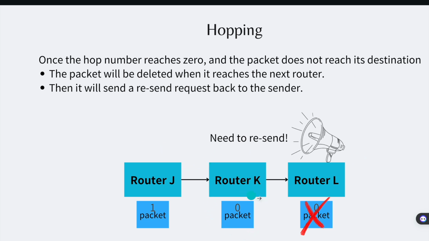So when the packet goes from router K to router L and the hop number is 0 when this packet is on router K, then when this packet goes to router L, router L will discard this packet and send a request that we need to resend this packet.